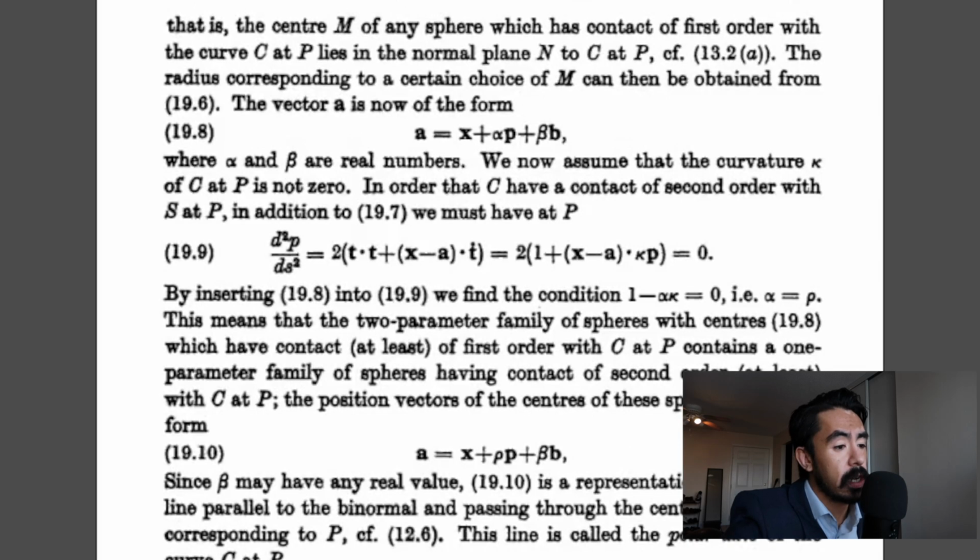That is, the center M of any sphere which has contact of first order with the curve C at P lies in the normal plane N to C at P.